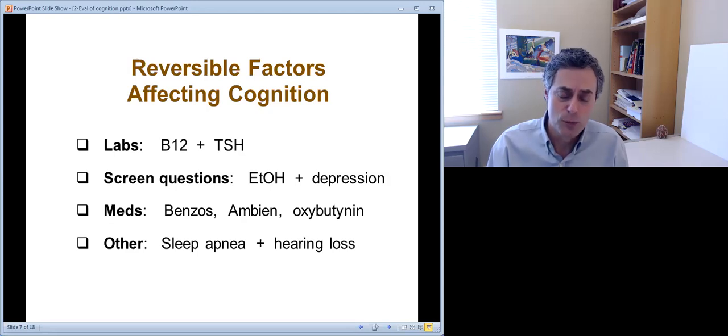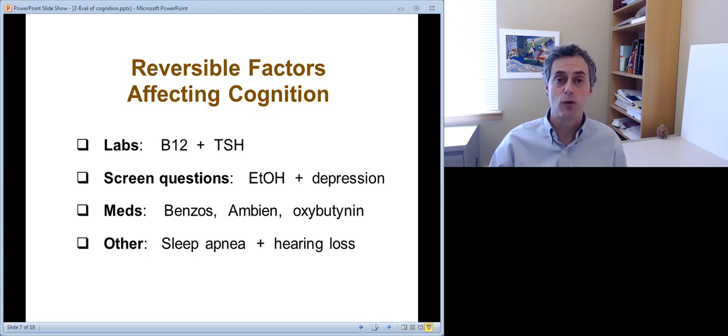So really super quick blood tests for vitamin B12 deficiency and thyroid dysfunction. Those are two blood tests that you probably could have ordered at the last visit and then review the results at this follow-up visit. And you just definitely want to do some screening for looking into what somebody's alcohol use might be and could they be suffering from depression.